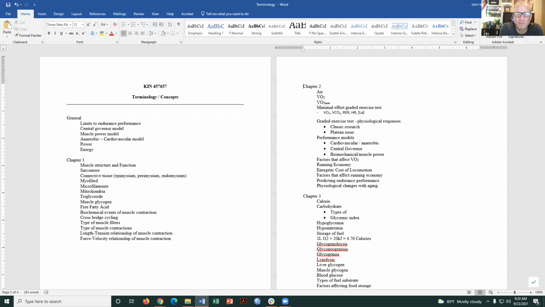I may want to know how many calories I'm going to need to cover a marathon. Or I may want to know how fast I need to convert calories from chemical state to the mechanical state. So that rate of calories being used is just as important as the amount of calories. And so we use these terms to sort of zero in on different aspects of performance.